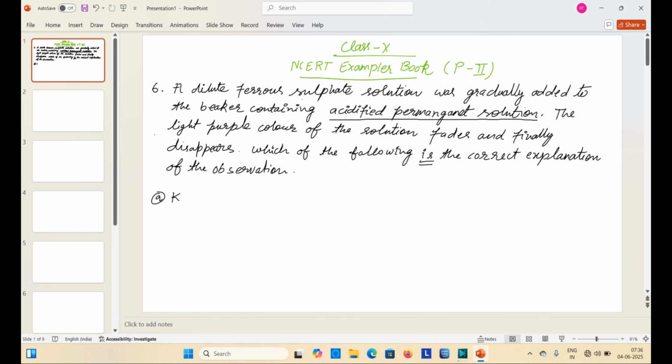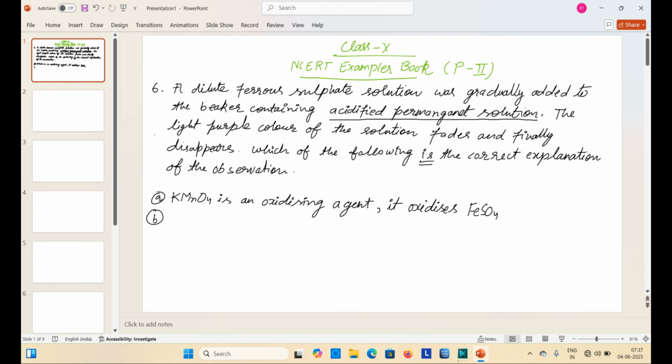Here the first option is saying to us that KMnO4 is an oxidizing agent and it oxidizes FeSO4, ferrous sulfate.